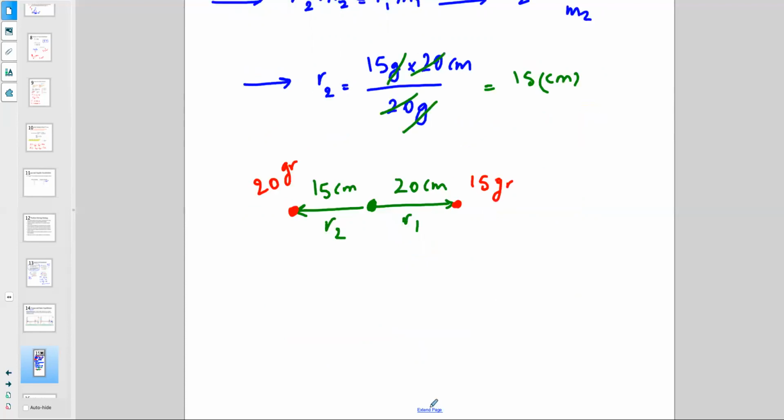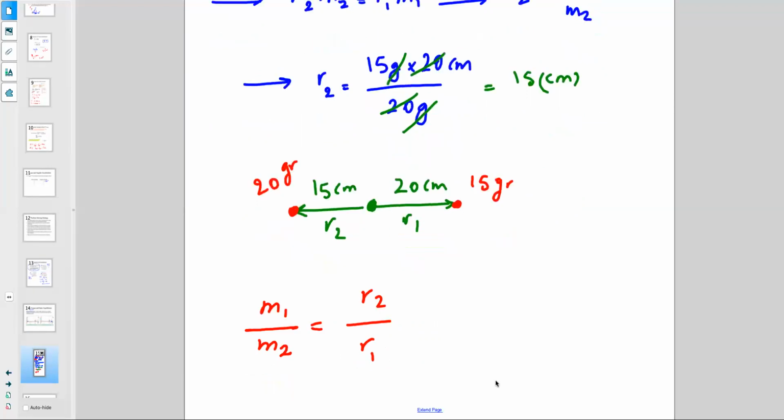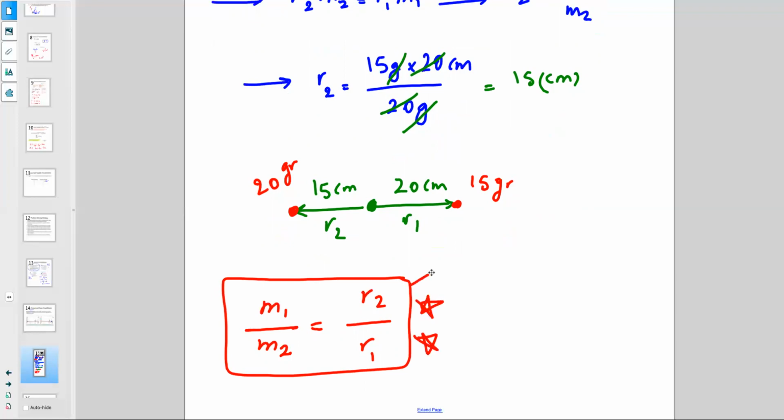In other words, in our case, M1 over M2 should be equal to R2 over R1. In fact, that's the formula for equilibrium in our case. So I am going to put some stars around it because it is important.